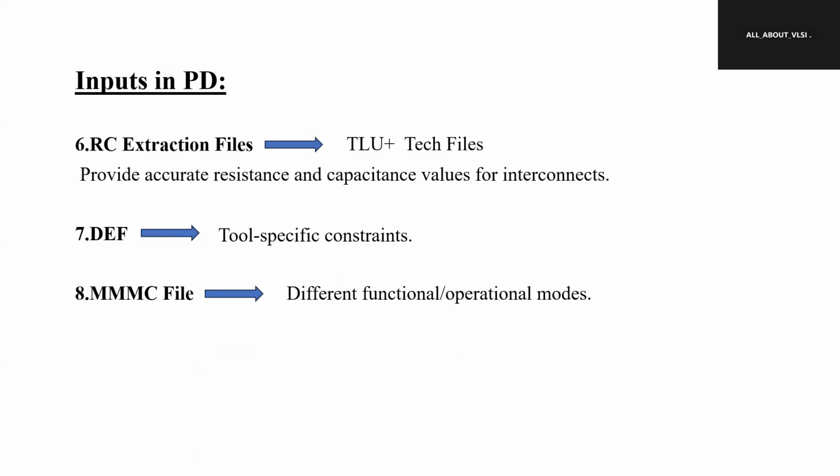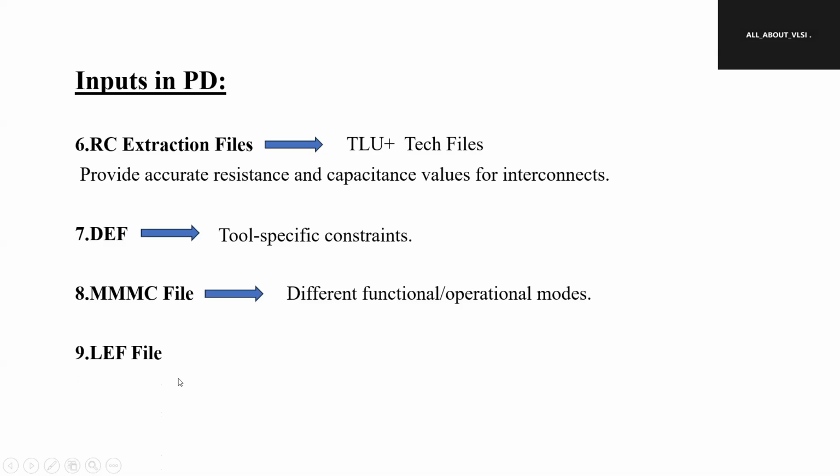So it consists of two modes, functional mode and scan mode, and the second is five corners. One mode plus one corner is called one scenario. So we are going to check our chip in every scenario, right? All this information is in the triple MC file, multi-mode, multi-corner.